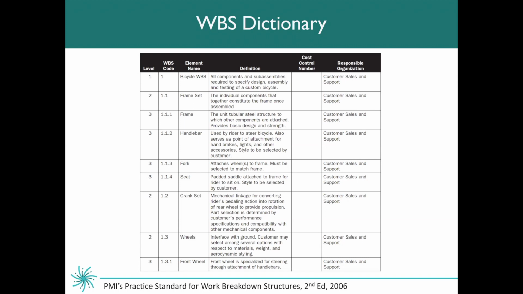It can also be helpful for determining the responsible organization or department as far as who is going to be accomplishing the work. So again, the scope statement, the work breakdown structure, and the work breakdown structure dictionary are what make up the scope baseline.